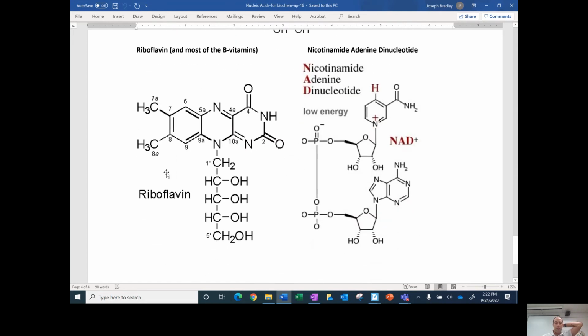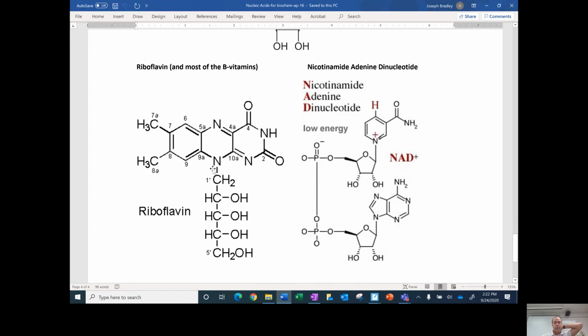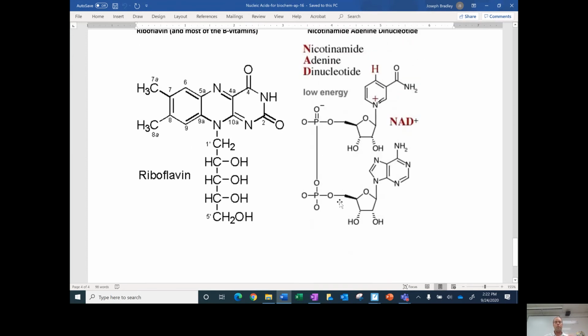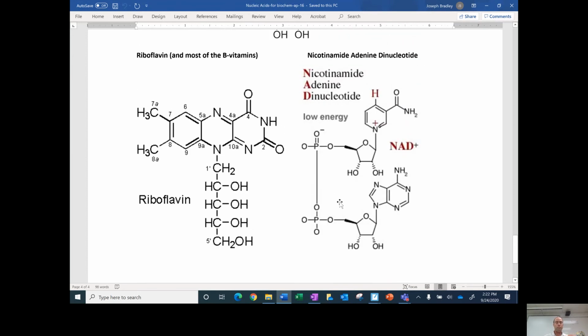There are some other things like riboflavin and nicotinamide adenine dinucleotide. These are going to be found as other components in metabolism, so vitamins or other things that will add to how things work in your body.